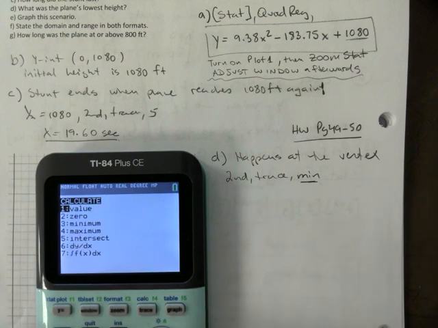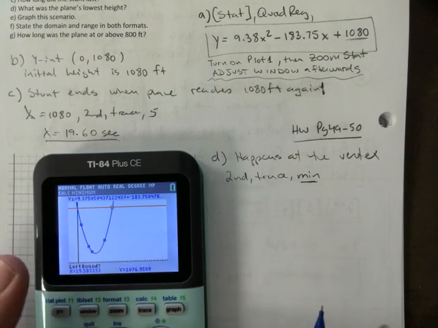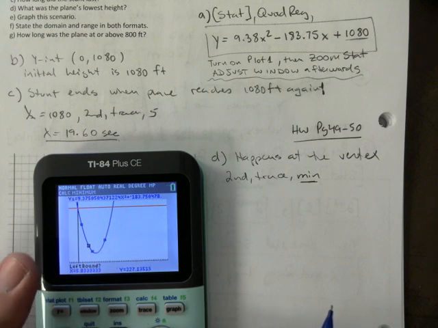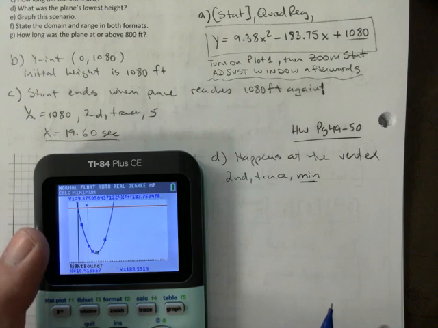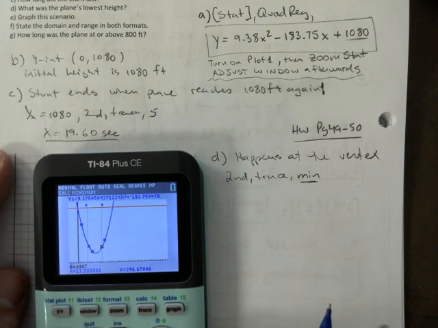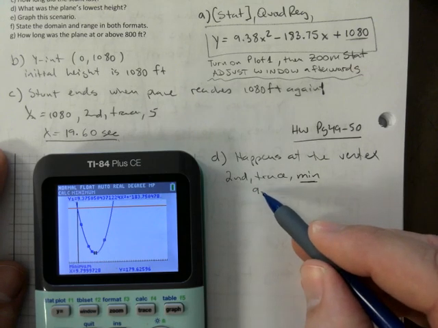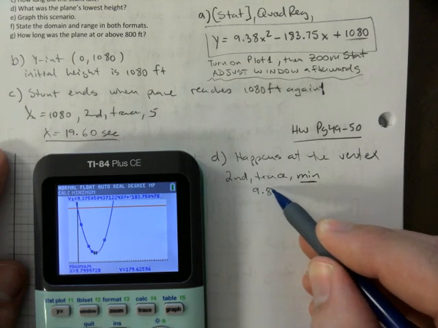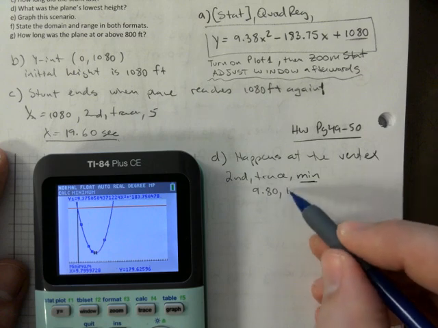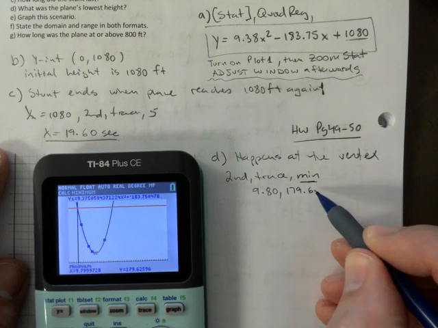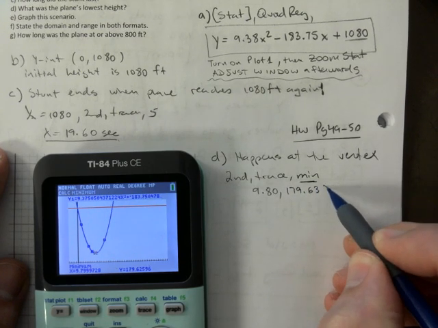Second trace minimum. And you have to go to the left of the minimum, right? Somewhere to the left. Enter. And then somewhere to the right. Enter. And enter one more time. That is 9.79. So that's 80. And that's 179.625, which is 6.3.